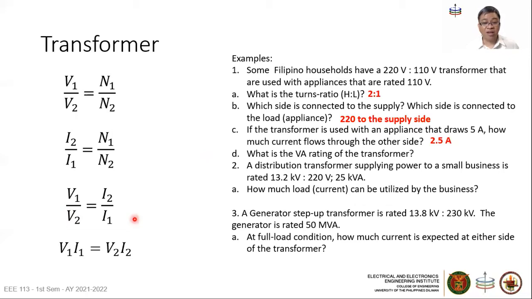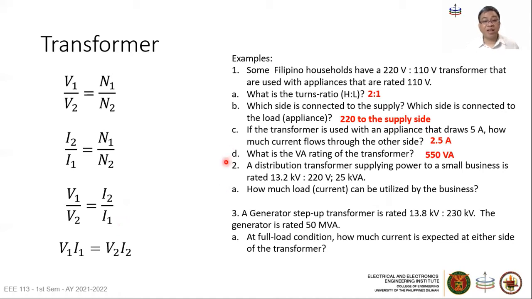Therefore, I1 will be 2.5 amperes. Take note that I2 is on the low voltage side and I1 is on the high voltage side, but the currents are opposite. We have higher current on the low side, lower current on the high side.